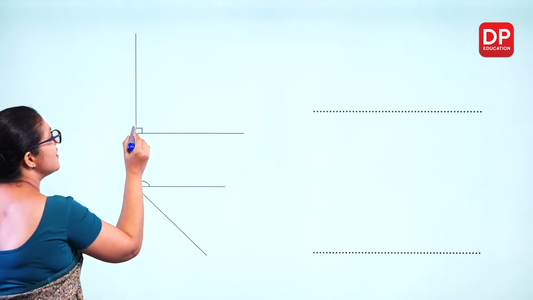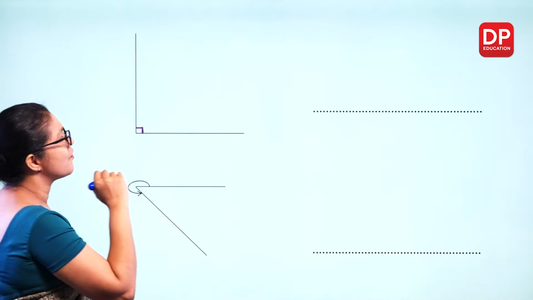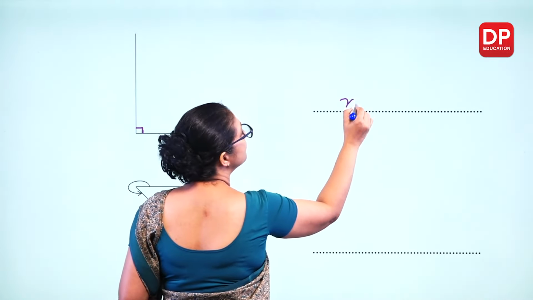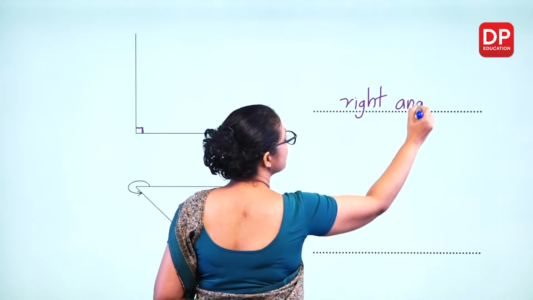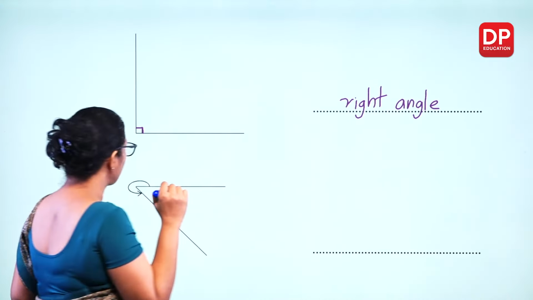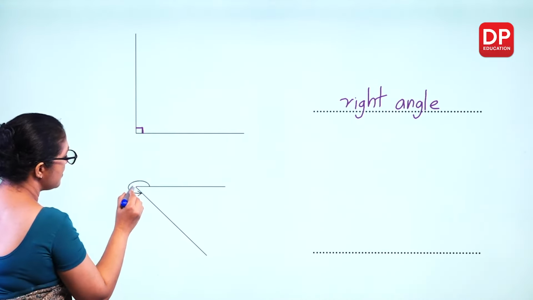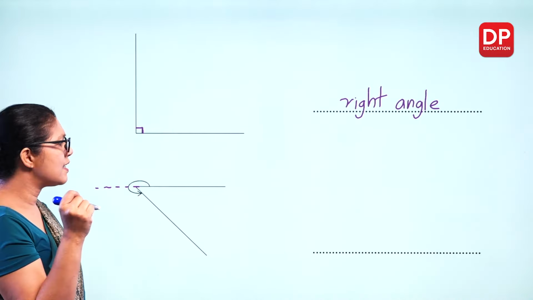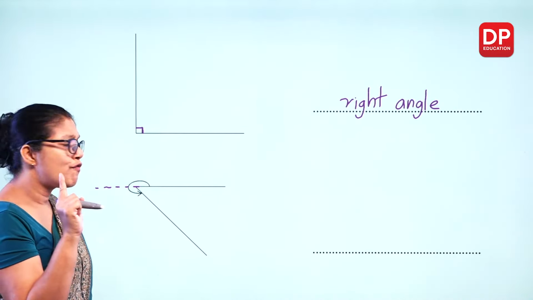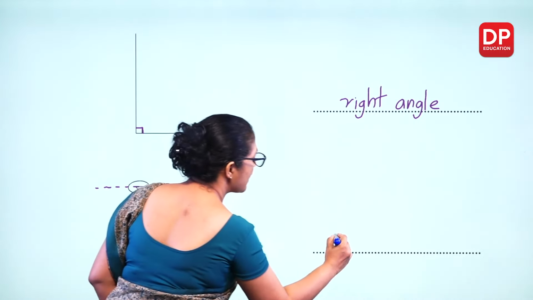Here we see this symbol. That's a right angle. Quarter of a circle. Look at this one. When you extend this one, this is half of a circle, larger than half of a circle and smaller than a full circle. Reflex angle.